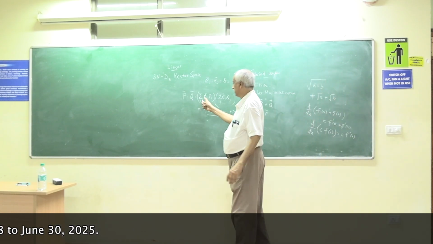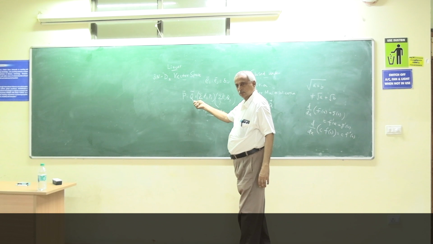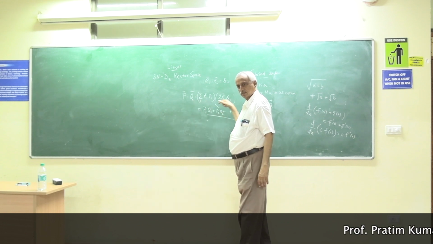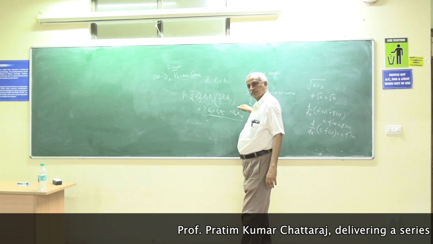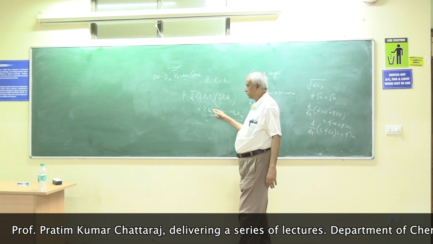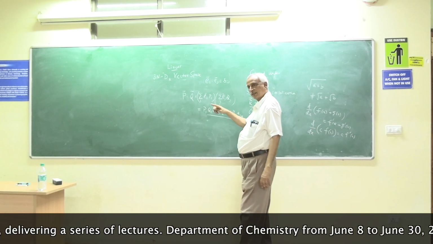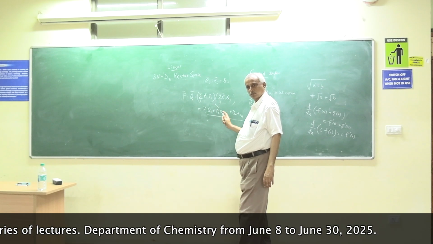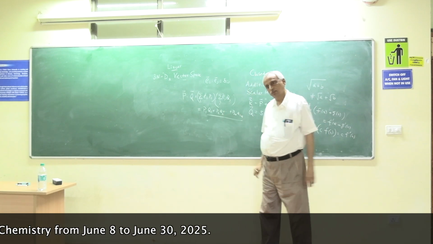Suppose you write it in longhand notation, E1 P1 plus E2 P2 plus E3 P3. Similar terms will be there, and E1 dot E1 is 1, E2 dot E2 is 1, so they will give you this. Okay?